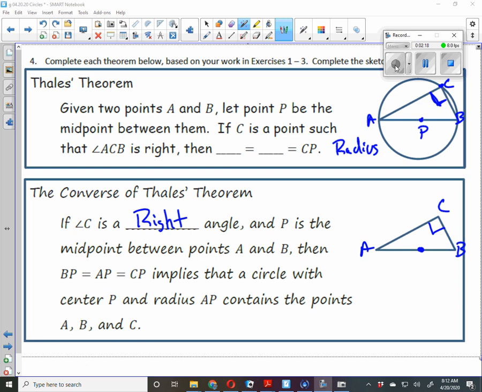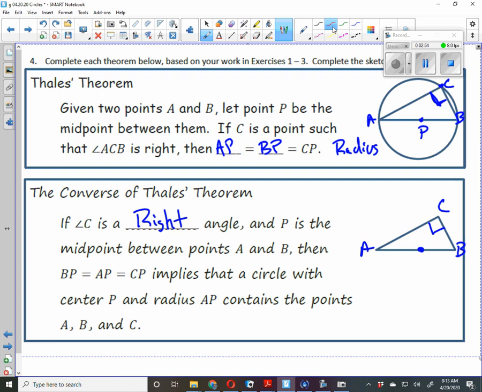Thales' theorem is this. Given 2 points, A and B, which we have over here, and P, the center, the midpoint of those two, between the circles, if C is a point such that angle ABC is a right angle as marked, then we know, and this is kind of interesting, that AP equals BP, which equals CP.